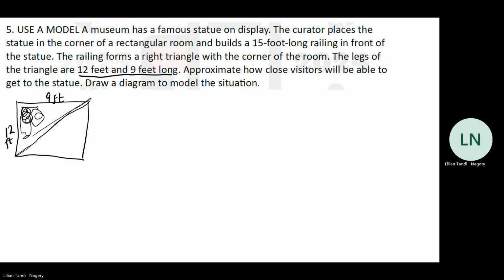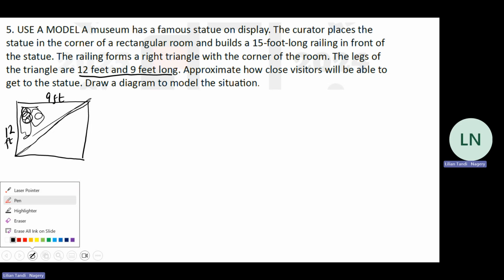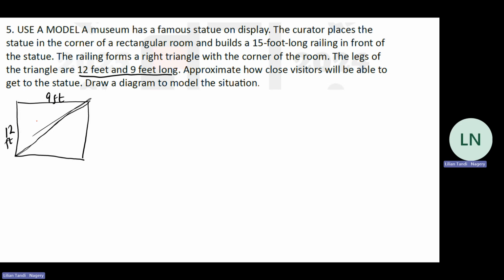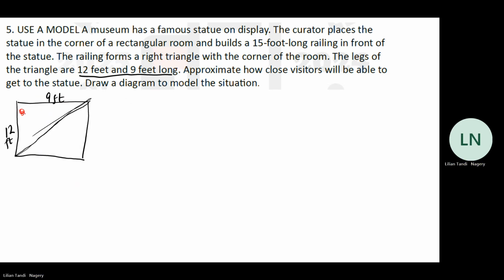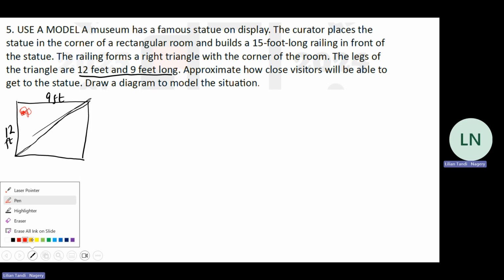So now we're going to ask how close. Let me put my statue over here like this. So my statue is over here. And then I'm going to use another line.